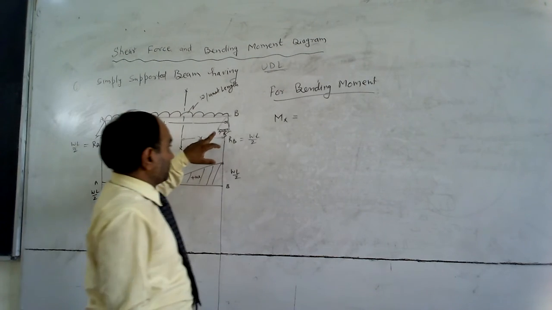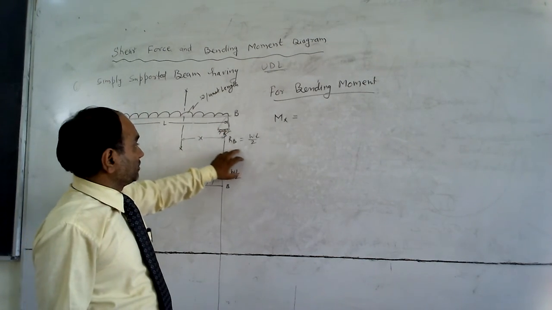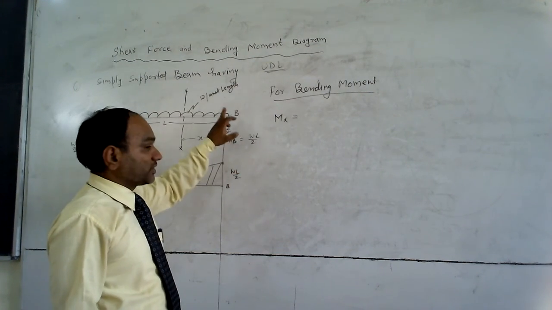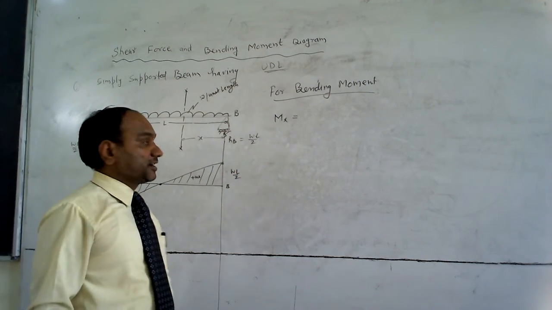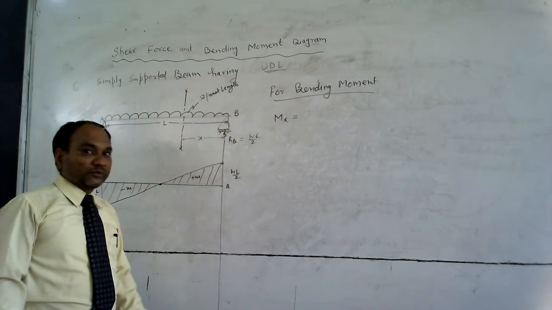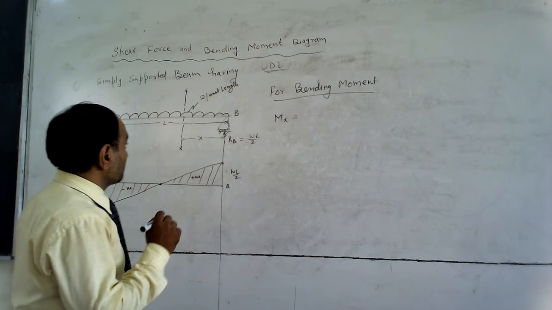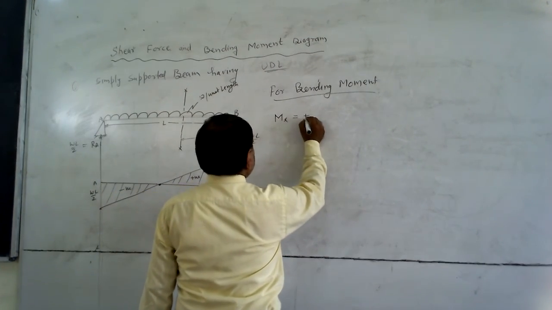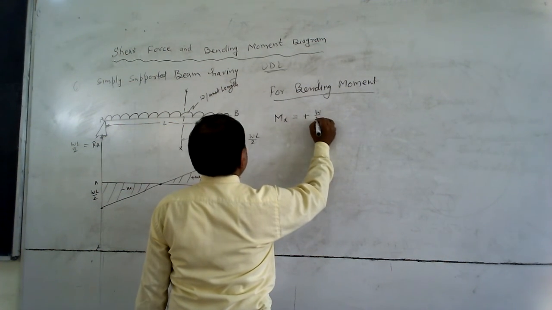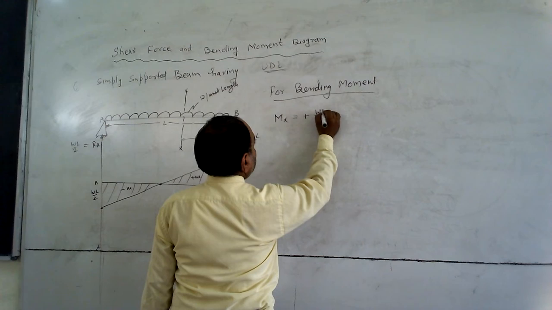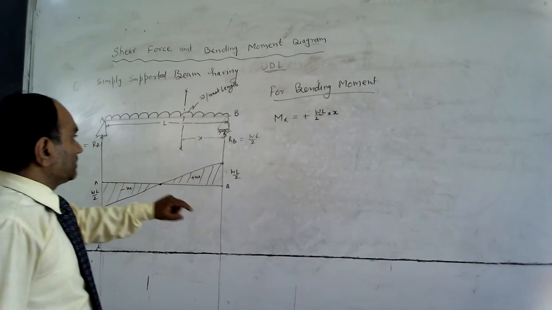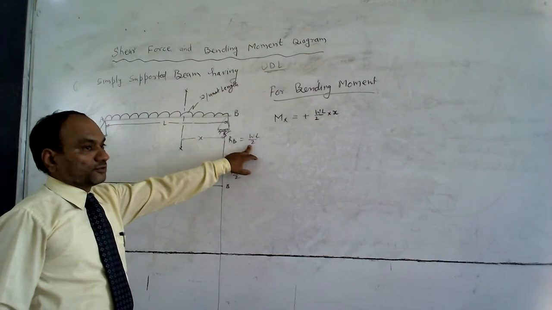Now we take the first force, the bending moment due to the reaction RB. It acts in the upward direction and rotates anti-clockwise. The shape of the beam will be sagging. A sagging moment is taken as a positive moment. So plus wL by 2 into x. This is the moment due to this reaction.